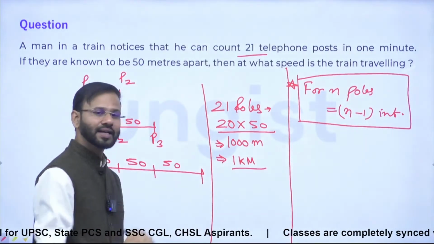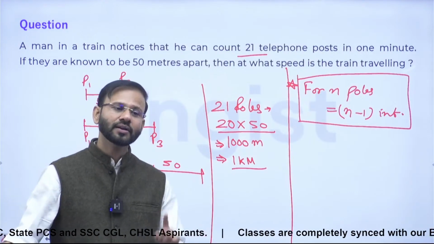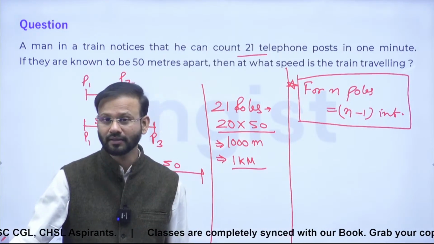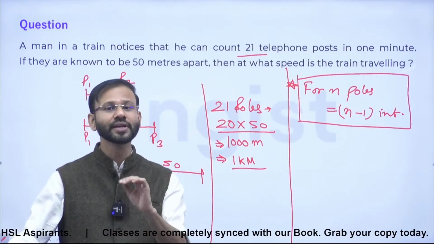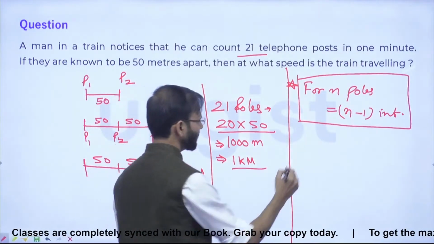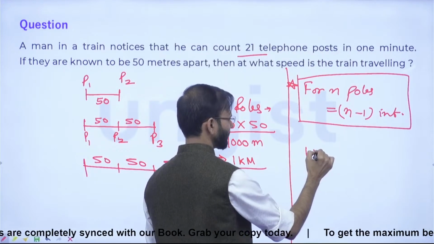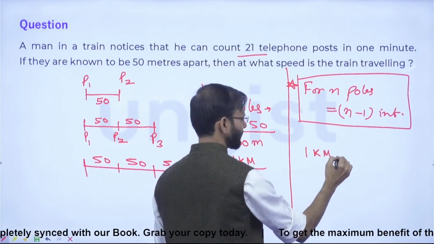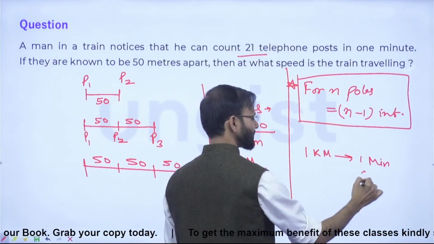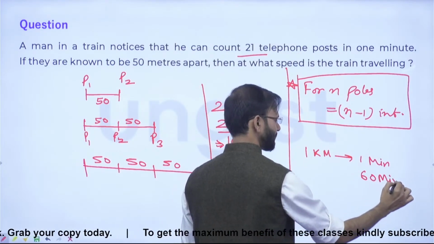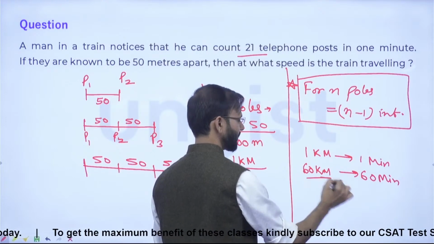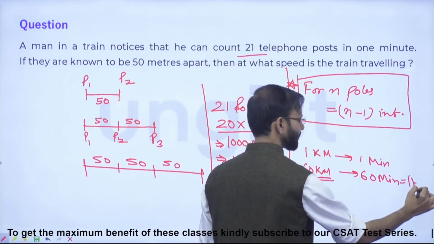If a train is going 1 kilometer in 1 minute, then in 60 minutes it is going 60 kilometers. 60 minutes means 1 hour.